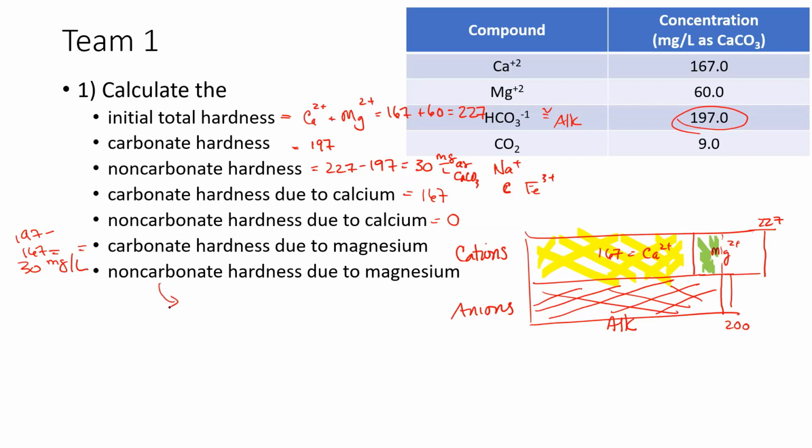And the non-carbonate hardness due to magnesium is what's left. And that is this blue portion right here. So we had 60 milligrams per liter of magnesium minus the 30, and that is 30 milligrams per liter.